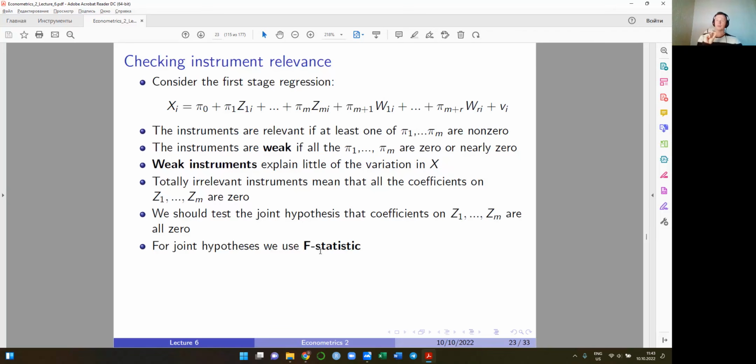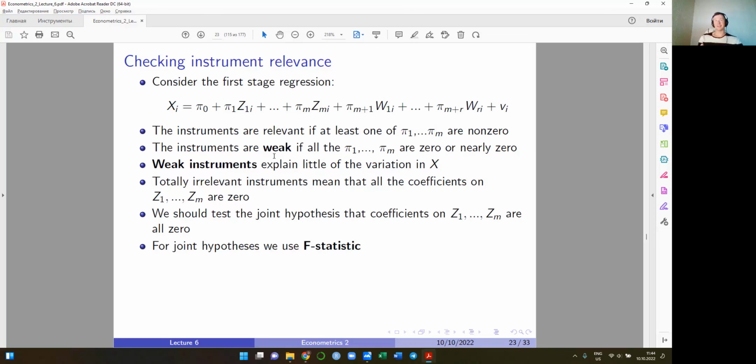But now, look, now we have a nuisance. It is not only about rejecting or not rejecting the null hypothesis, because instruments might be weak.